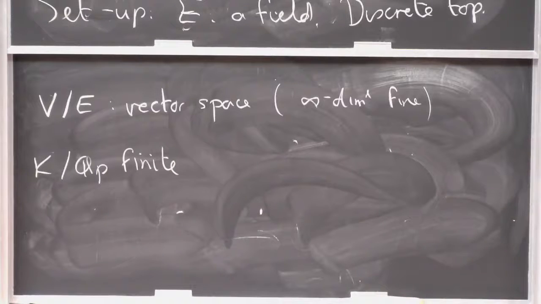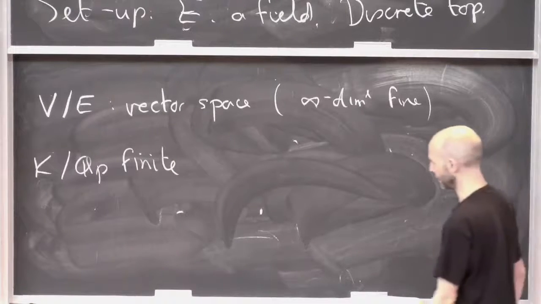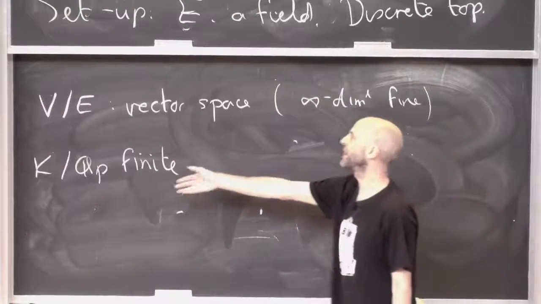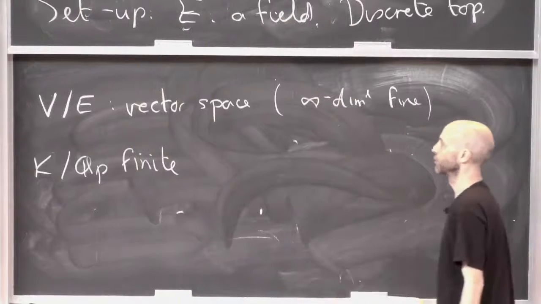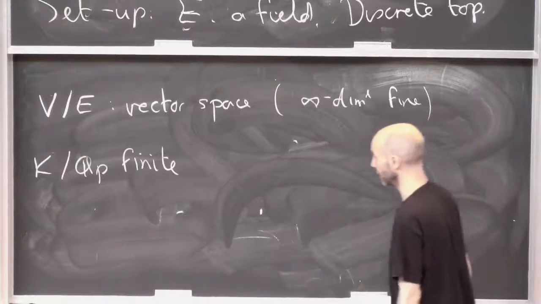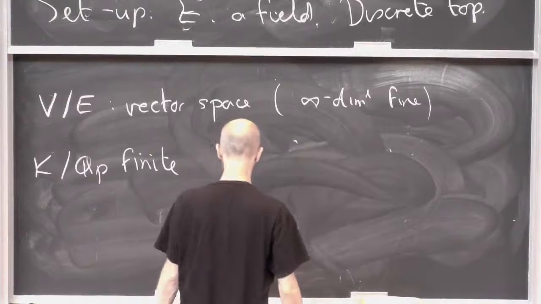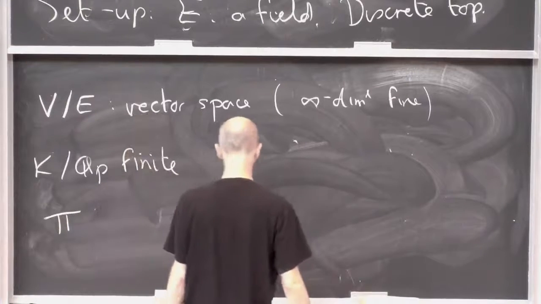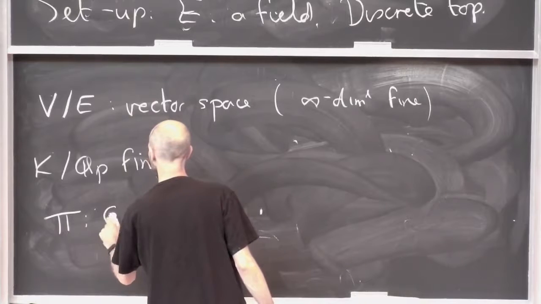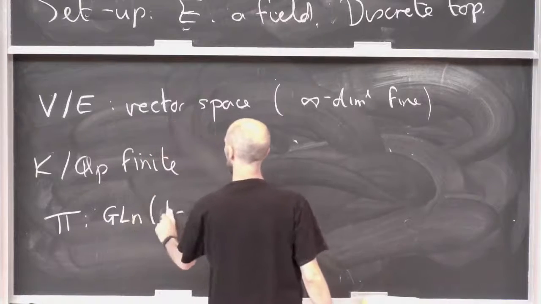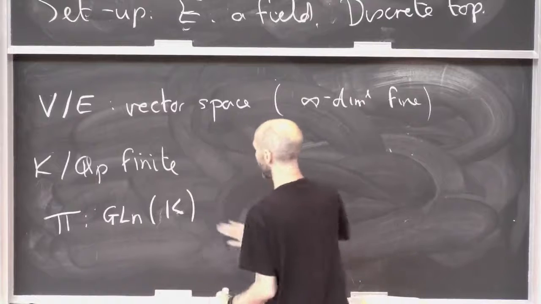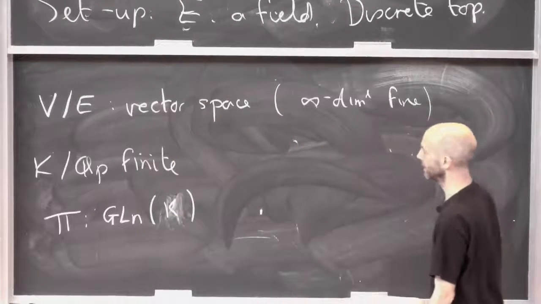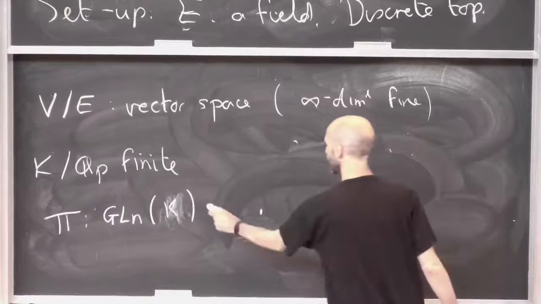And I want to consider the obvious, right, so I'm going to put the discrete topology on E, so V is going to have the discrete topology and the automorphisms of V is going to have the discrete topology. So I don't need to worry about continuous maps. So pi from GL_n of K, so we're doing representations of this group now, GL_n of K. That's normally the target of a representation, but today it's going to be the source.